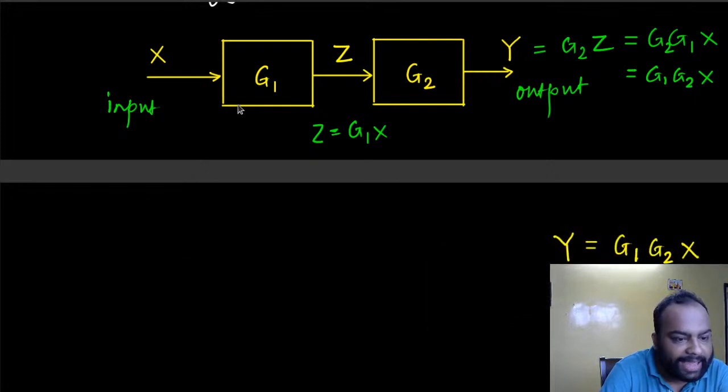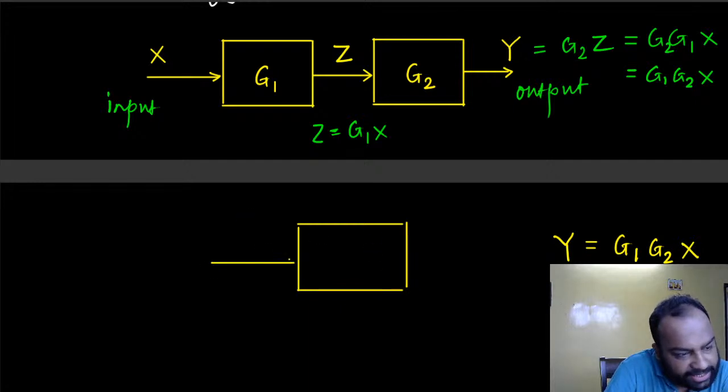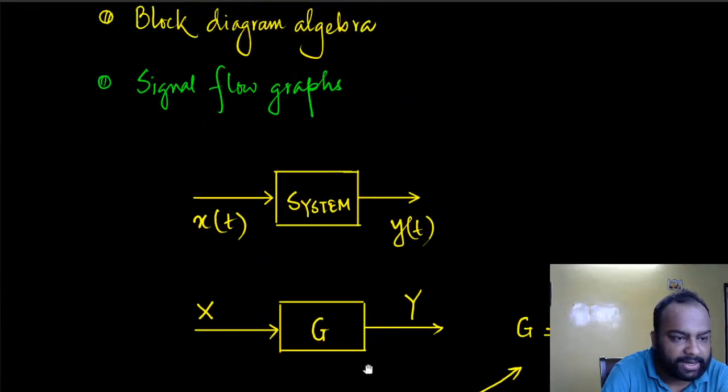do tell me, can I say something like this? Instead of writing these two systems in cascade, can I say something like this? I have a single system whose input is x, whose output is y, but instead of the transfer function or the frequency response function or the complex gain, so let me just write these terms down.